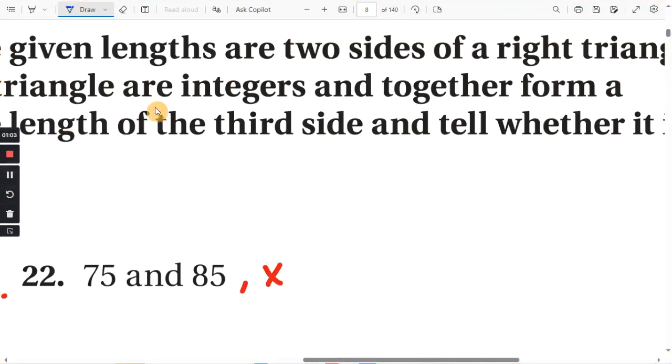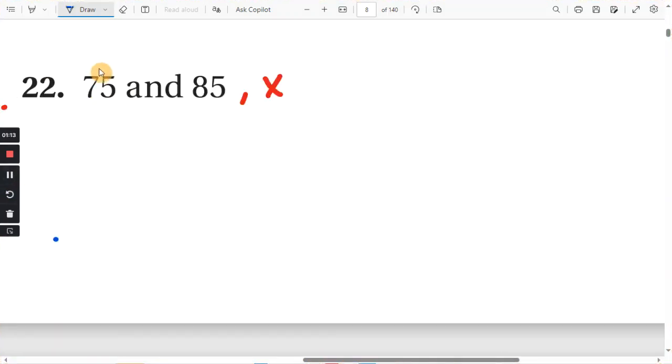Now remember, it said all sides of the triangle are integers, all the side lengths. So if we get a decimal, we know we did it wrong. So I'm going to start out by letting these two equal A and B. And I'm going to let the third side equal C. Okay, so doing the Pythagorean theorem, that's going to be A squared plus B squared equals C squared.